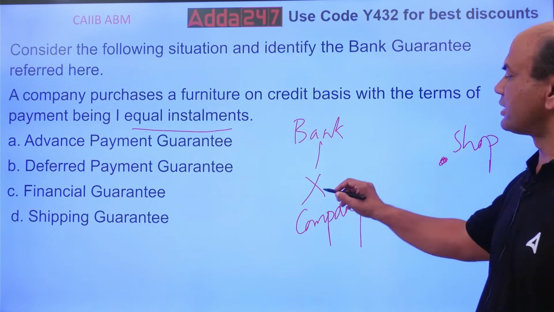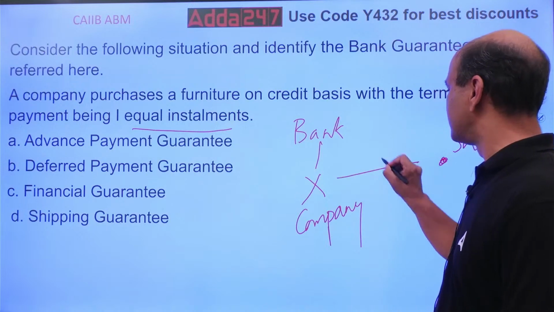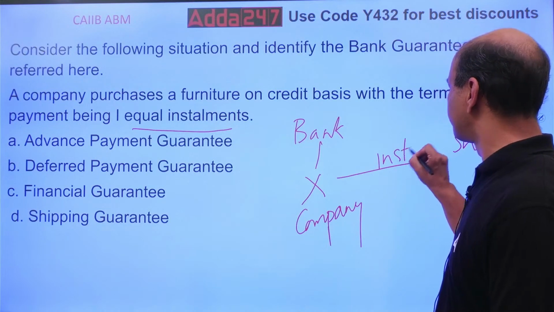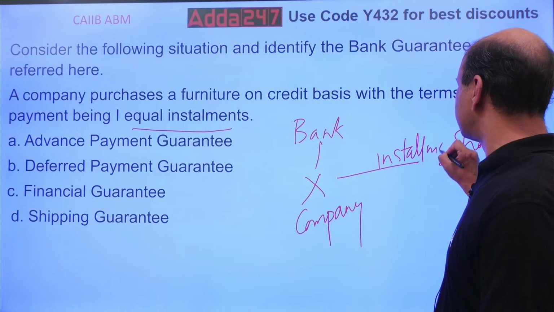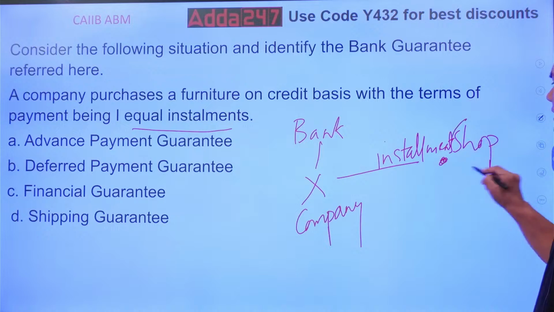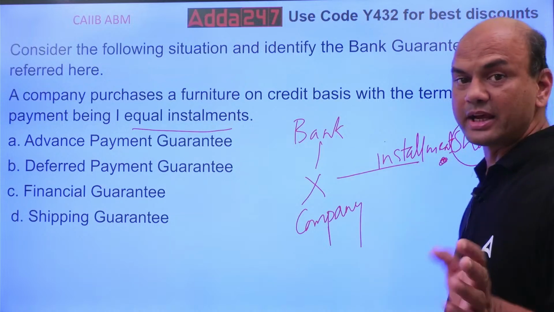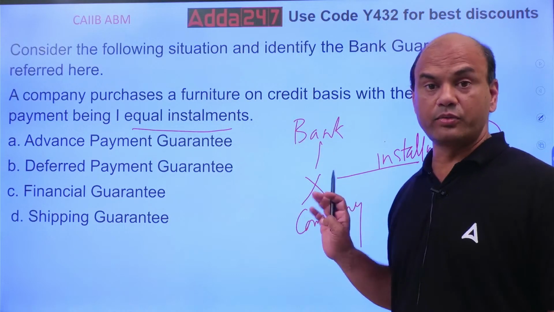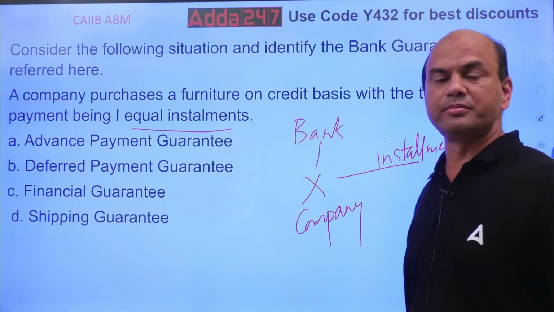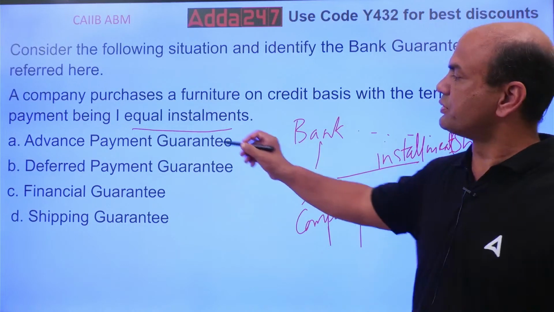X is going to pay in installments. But the shopkeeper says to X, I don't trust you. I want some guarantee from your bank that you will pay. If you do not pay, I must get the money from them. So the guarantee which you give is known as which guarantee?